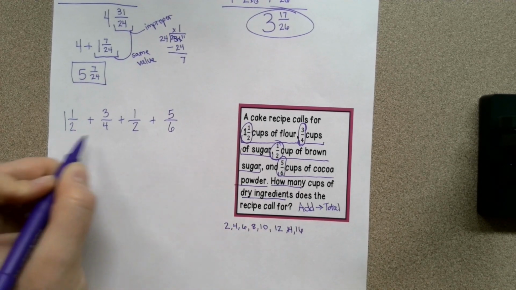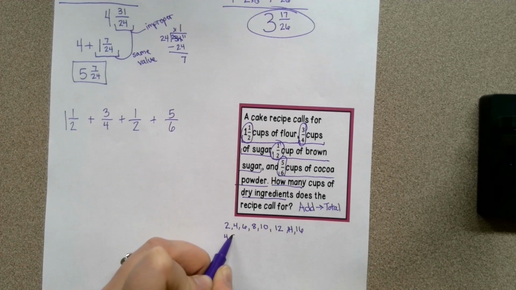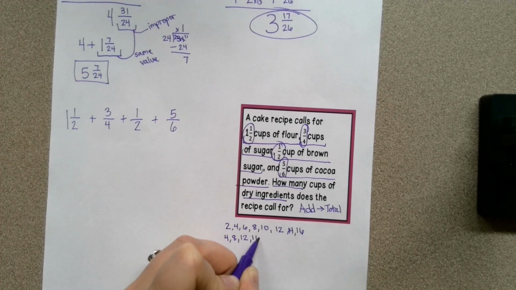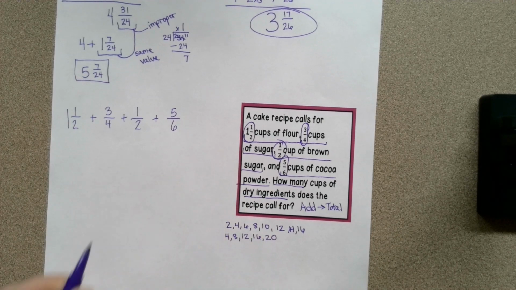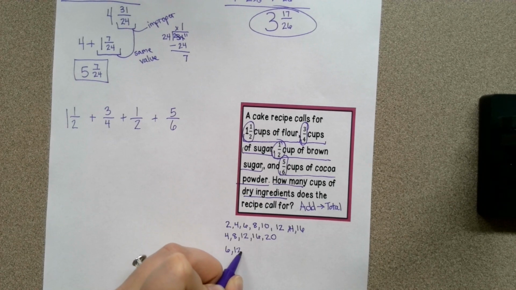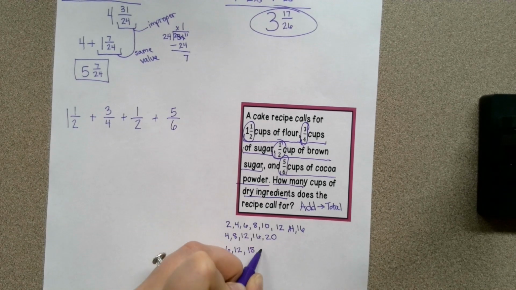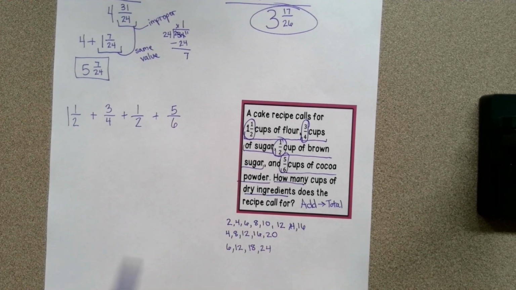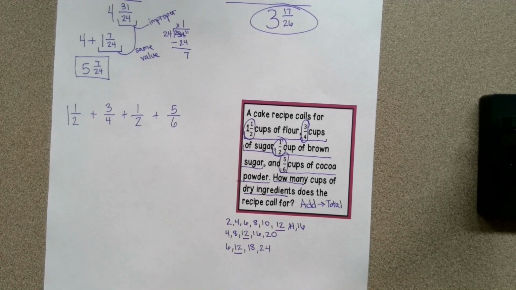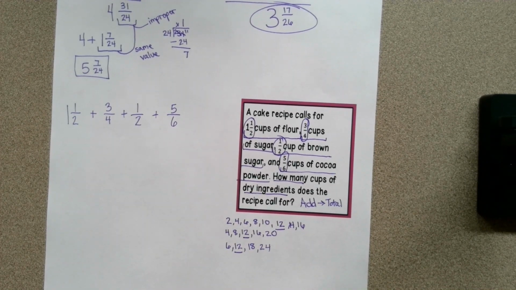If we count by the other denominator 4, it's going to be 4, 8, 12, 16, 20. And then if we count by the third one of 6, it's going to be 6, 12, 18, 24. We want to find the least common denominator. In this case, looking through every single one of them has a multiple of 12, meaning we can have a common denominator of 12 for every single one of these.